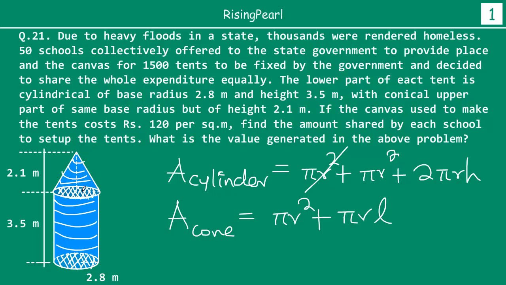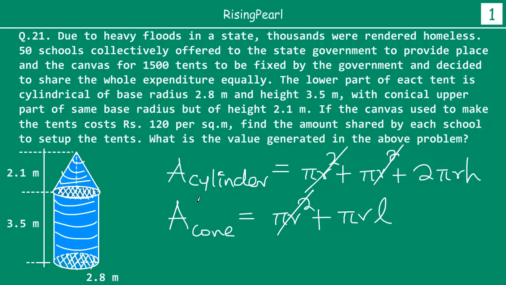This is actually hollow, so if you're inside the tent, you can see through the top. There is no sheet of canvas in between, so this also goes away. And for the cone, the pi r square, the area of the circle, also goes away. We don't need any canvas for these spaces.